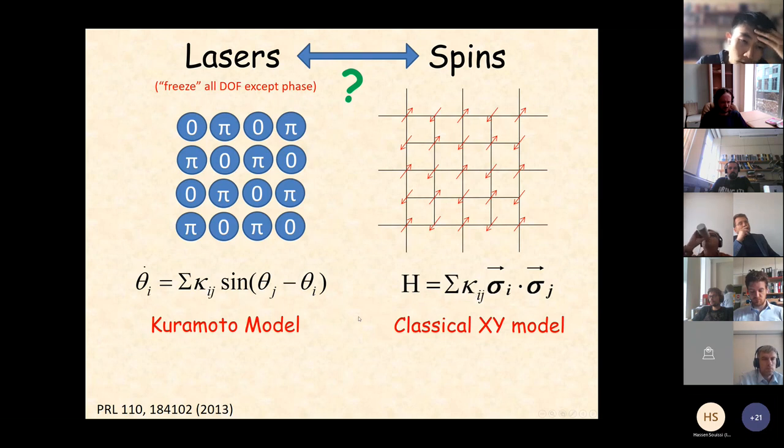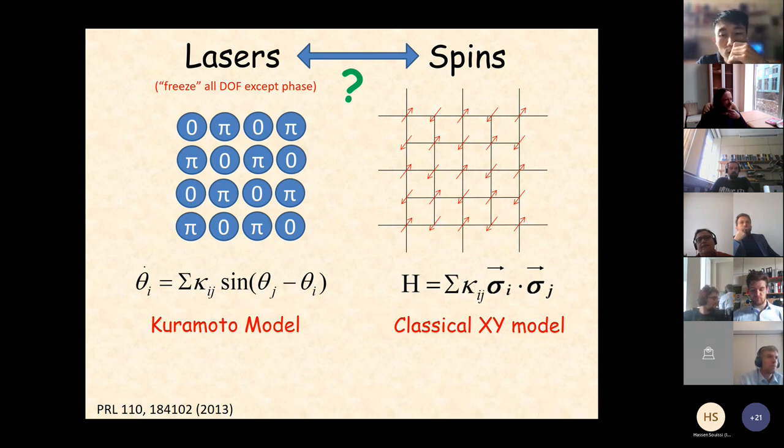And this actually is a well-known model, which is called the Kuramoto model. I'm sure many of you know about it. It's a general model to describe coupled oscillators, like birds singing in the forest, people clapping their hands. We find that we can exactly get it from the coupled laser equations. So it describes our system under this assumption that all the additional degrees of freedom are frozen.